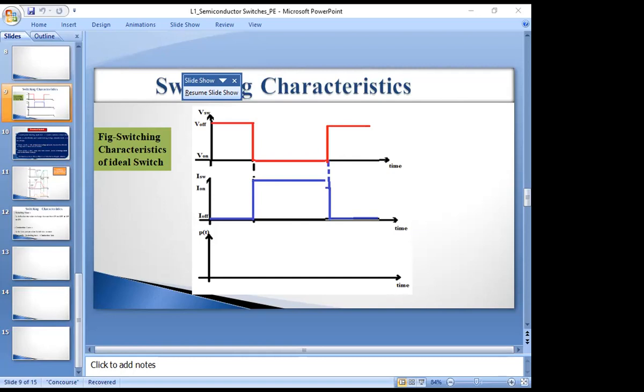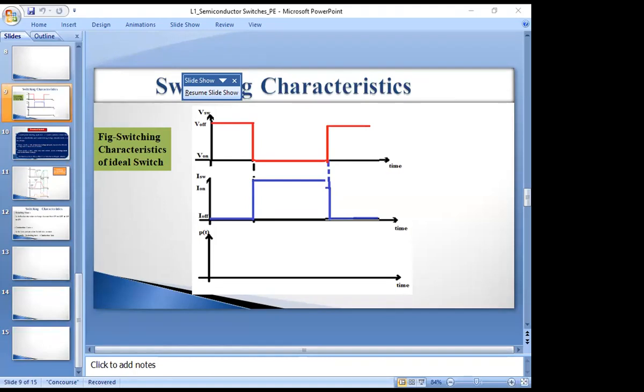Switching voltage. Okay, this is the VSW and this is the Vs. Vs means supply voltage. Clear? VSW means switch voltage.